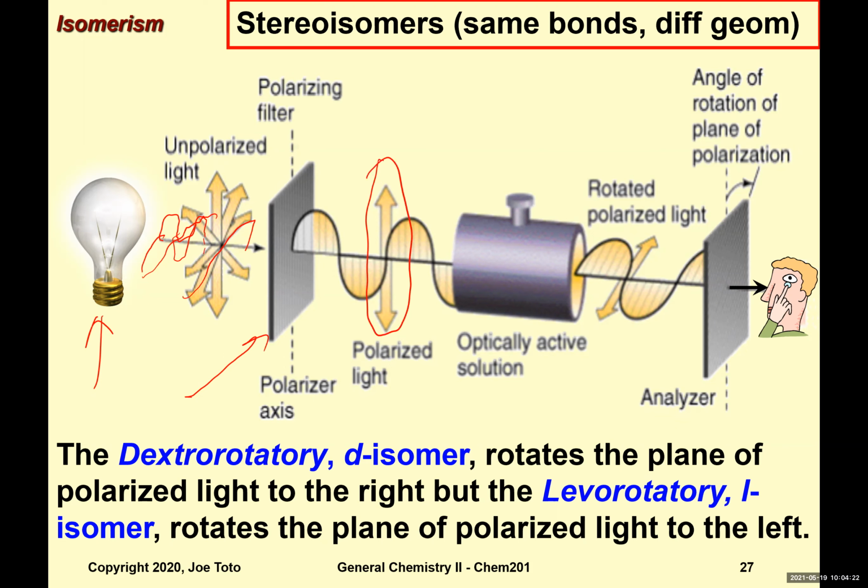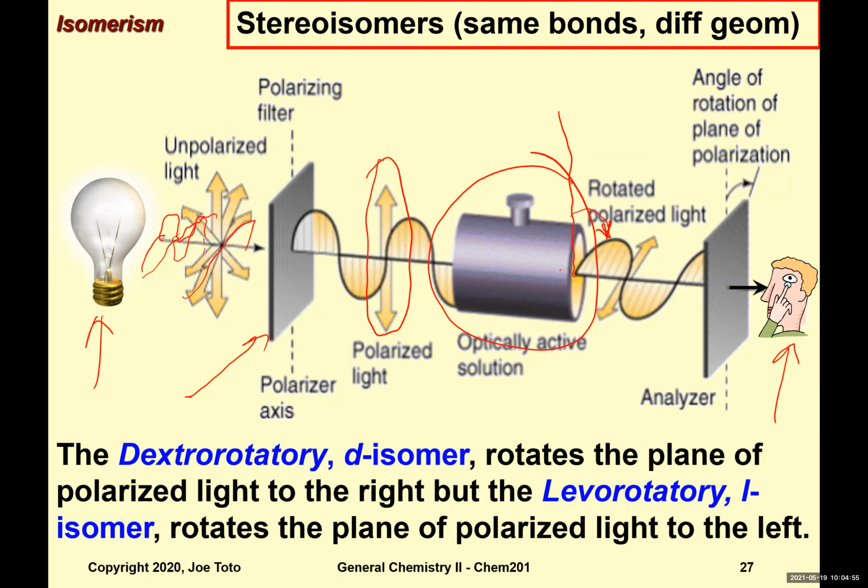Now we have polarized light, which goes through our sample cell. So here we have one of our optical isomers. And if we're checking out what happens to that plane polarized light, we might notice, as in this case, that it rotates to the right by a certain number of degrees from the zero axis. So it rotated to the right a certain number of degrees.